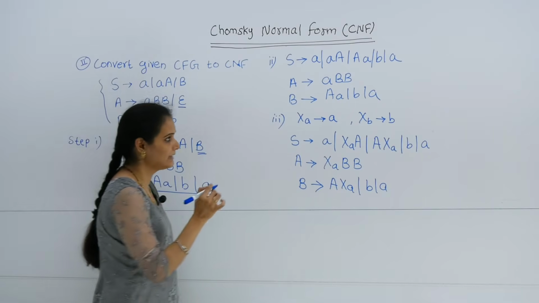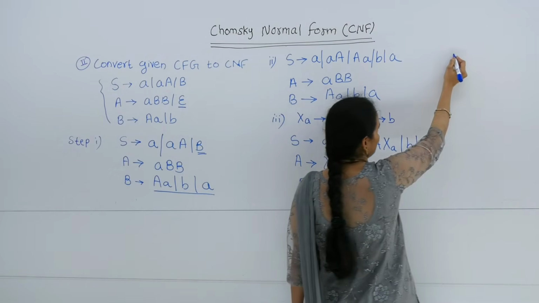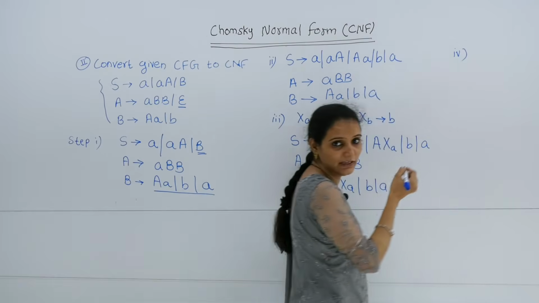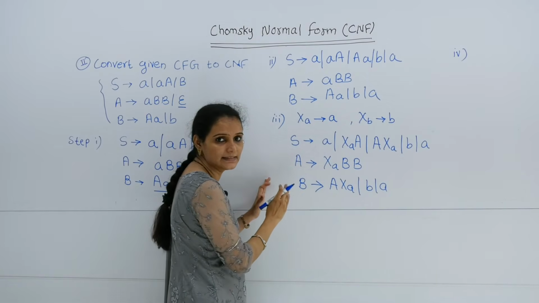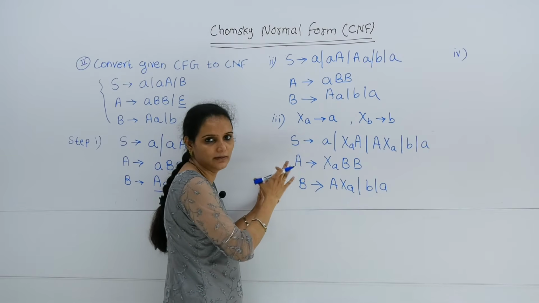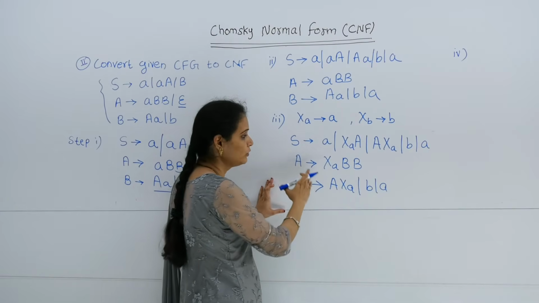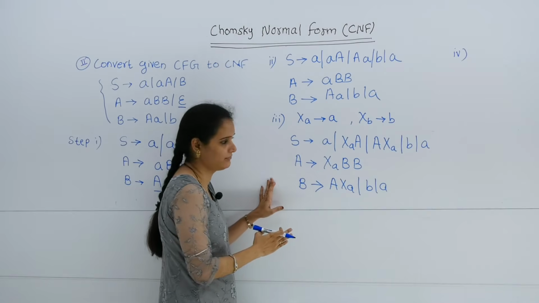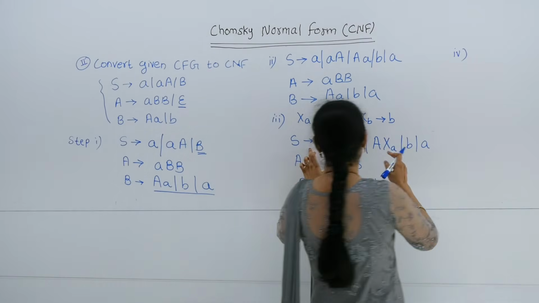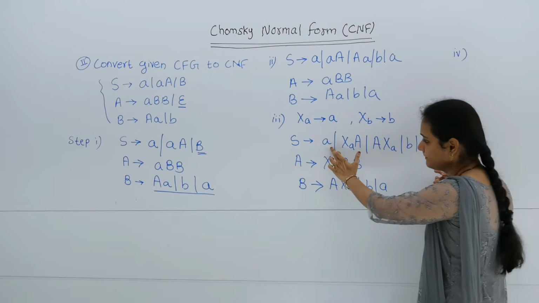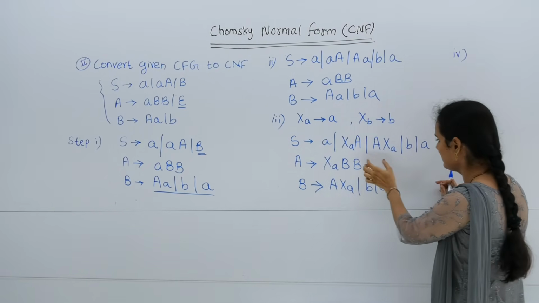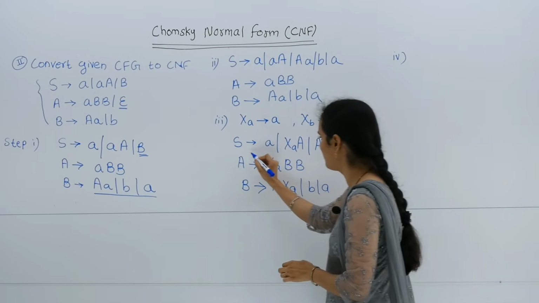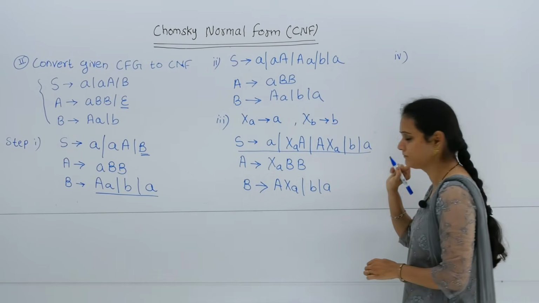Now the last step of the CNF, that is step number 4, in which we are going to replace whatever is necessary to be converted into the CNF form. So here see students, S produces small a, so it is already in the CNF form. So S has all the terms of the CNF.